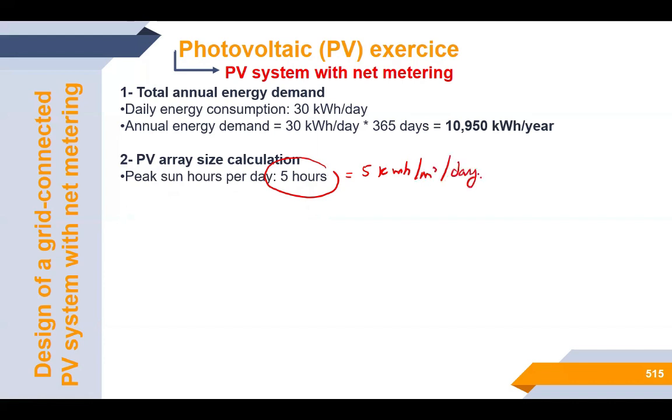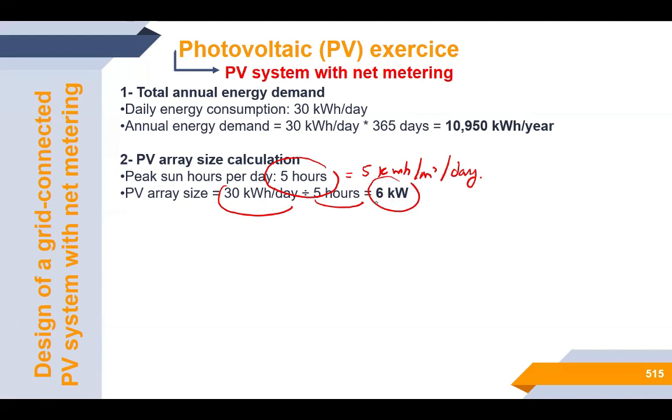To calculate the output power of the PV system that we should install, it's very simple, just divide the daily consumption by the available sun hours or sunlight. That gives about 6 kilowatt power that we have to install.